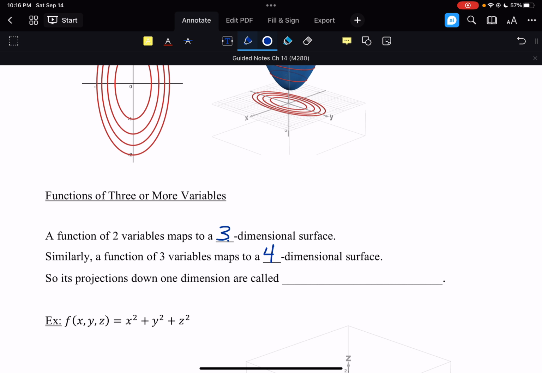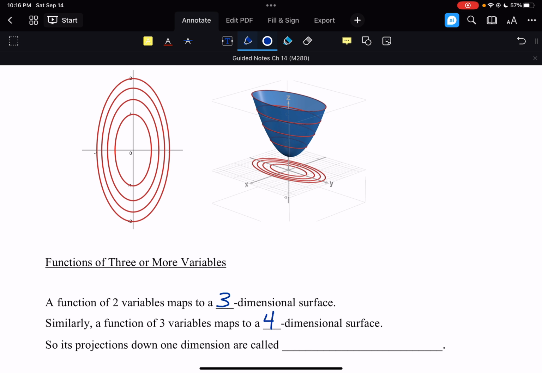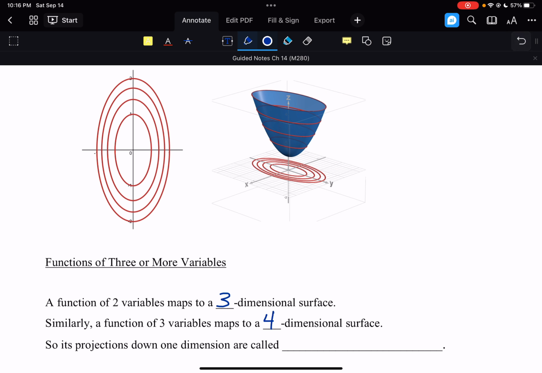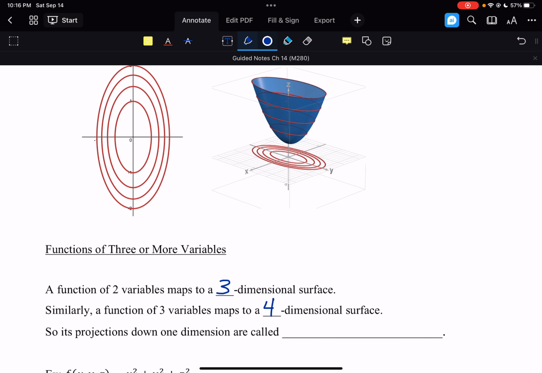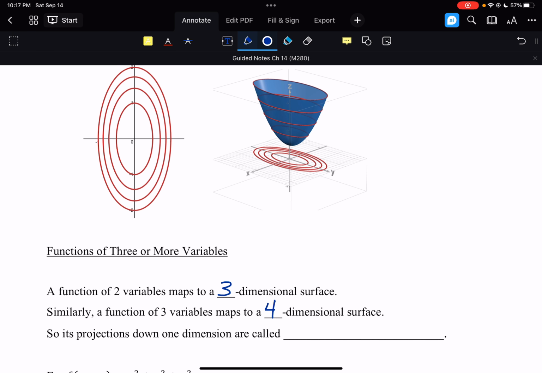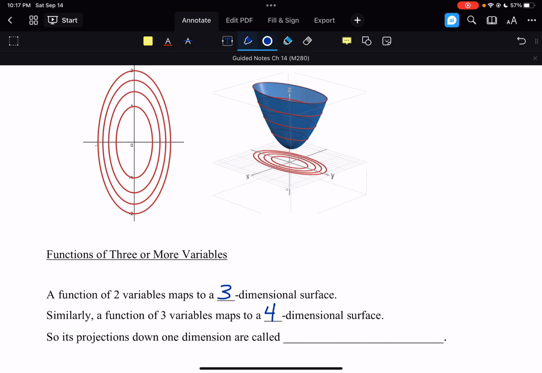Now, what we've been doing is we've been taking 3D surfaces and projecting them down to get 2D graphs, right? And we can read the 2D graph to get information about the 3D graph. This can be useful when working with three variables to 4 dimensions, because I can't visualize what a 4-dimensional surface looks like, but I can project it down, just like this one.